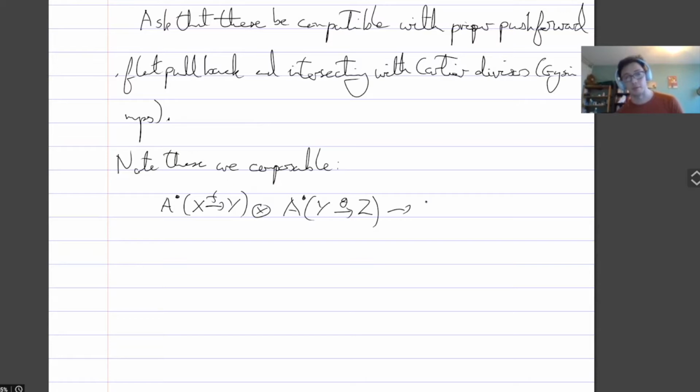So there's a map from this to A upper dot X to Z, and this is GF.